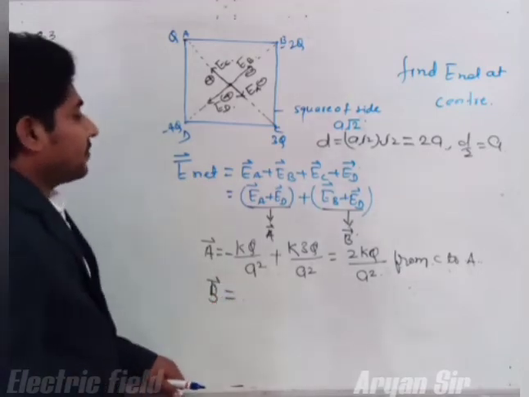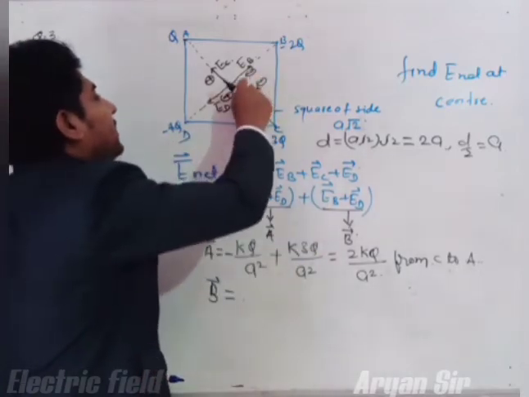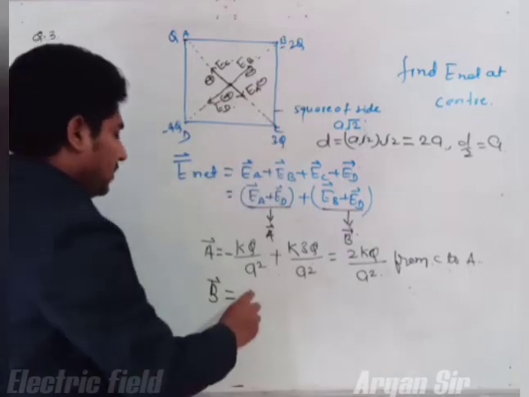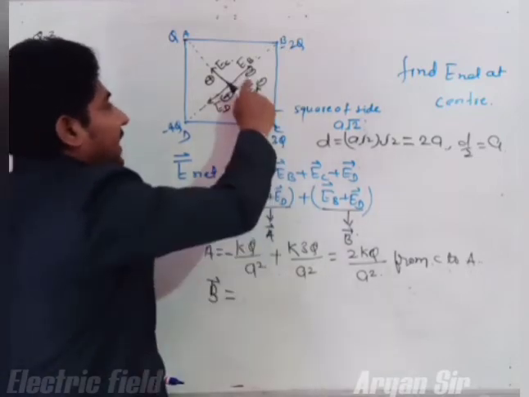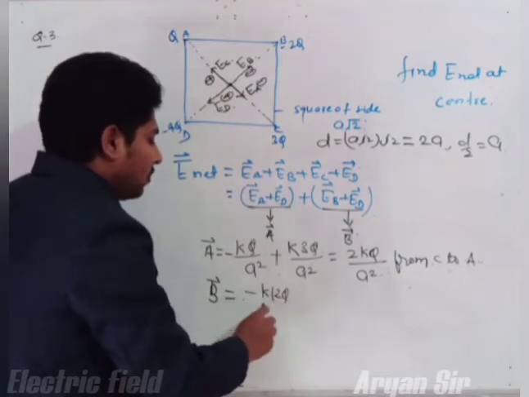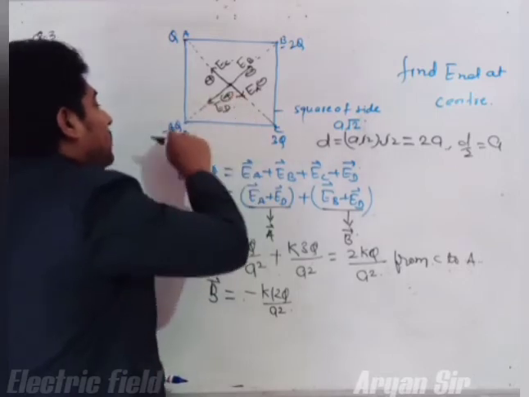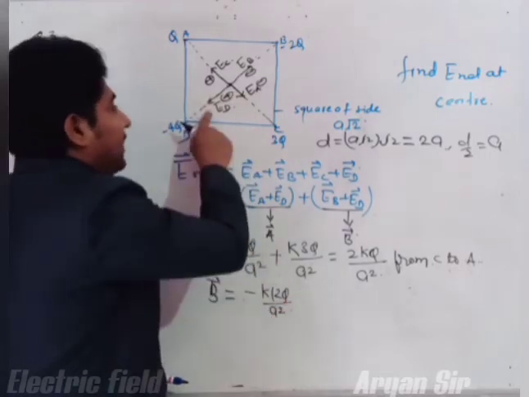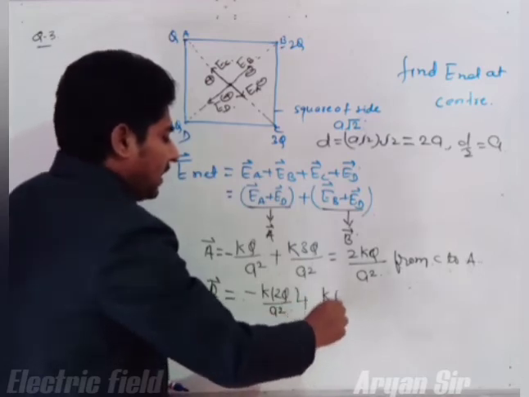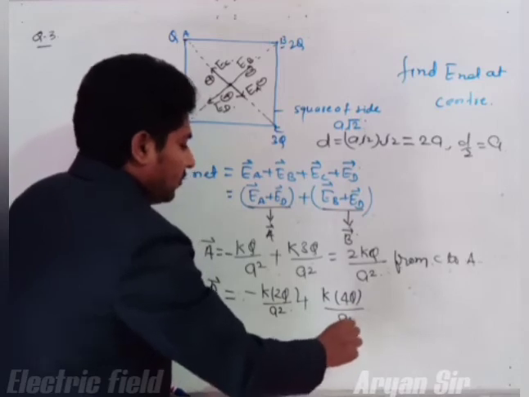Now we just find the B vector. EB vector is due to the minus 2q charge, so it has been taken as negative sign: minus k into 2q by a square. And due to this charge it has been taken as positive sign: plus k into 4q by a square.